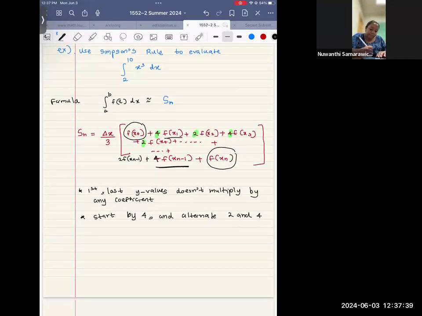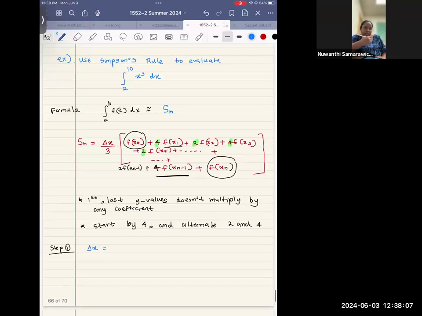So first step, can you find what delta x is? That is step 1. Remember the lower limit is 2, the upper limit is 10.